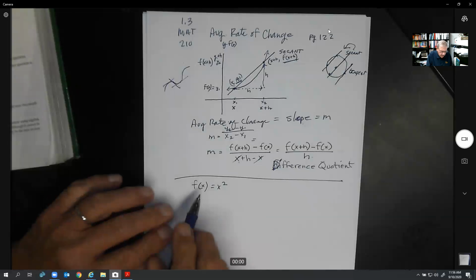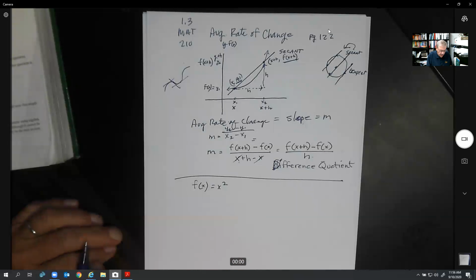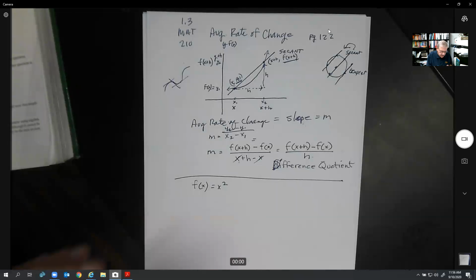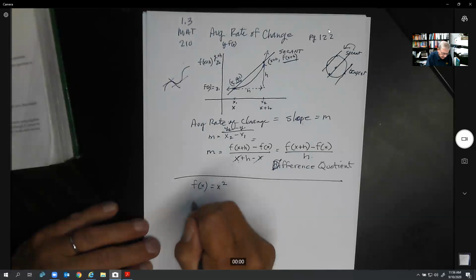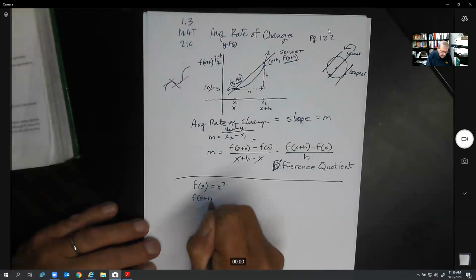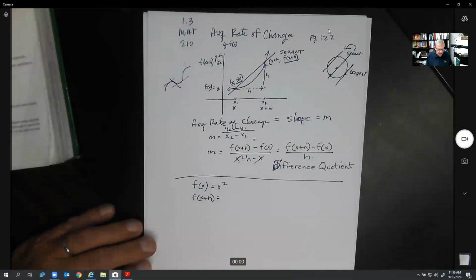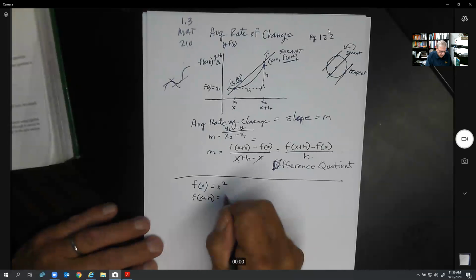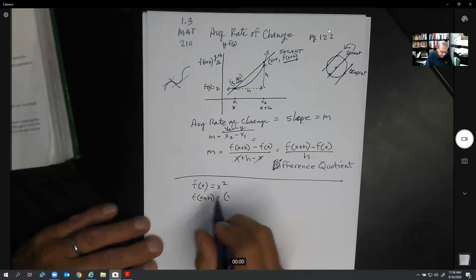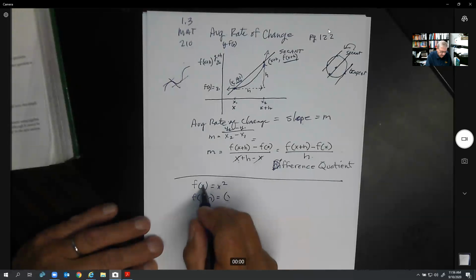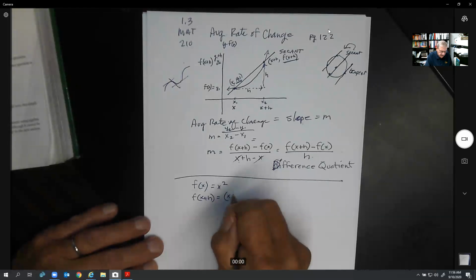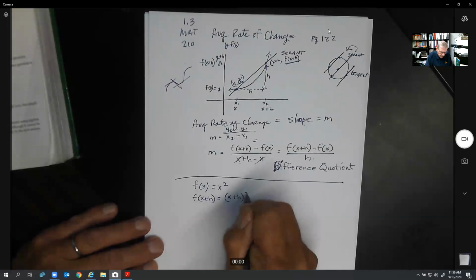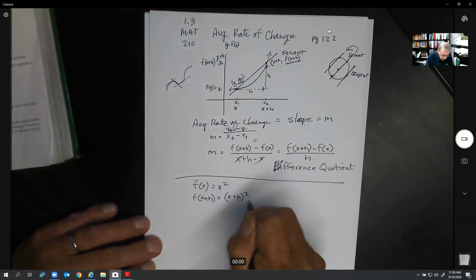So here's our thing. The first thing we want to do is find our f of x plus h. And what we're going to do is substitute that into this problem. So we're going to put the x plus h into this function of x right here. So that gives me x plus h squared. And we're going to expand that out.